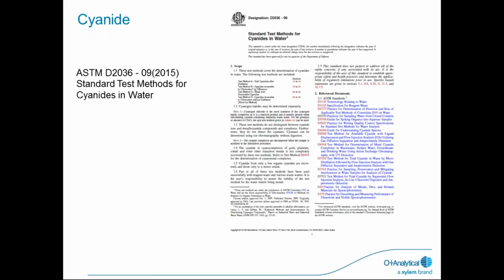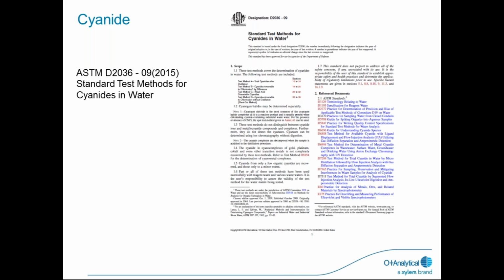A really good guide for the cyanide methods is the ASTM D2036-09, and it's the standard test methods for cyanides in water. An excellent reference for wanting to learn about all the different applications and methods for cyanide.